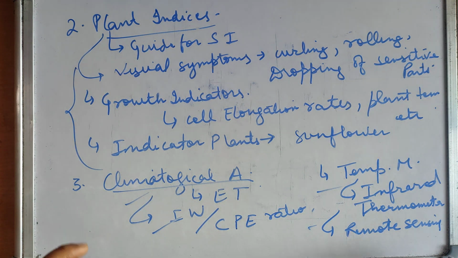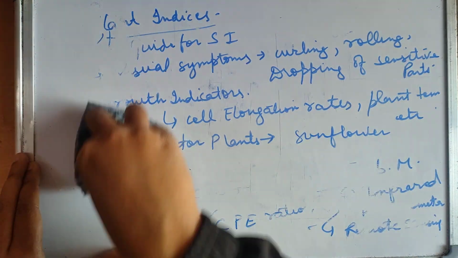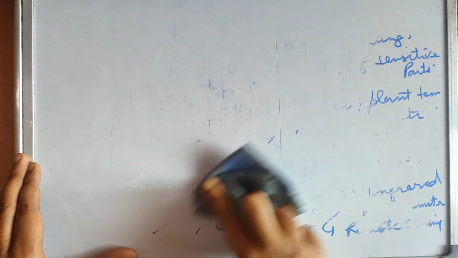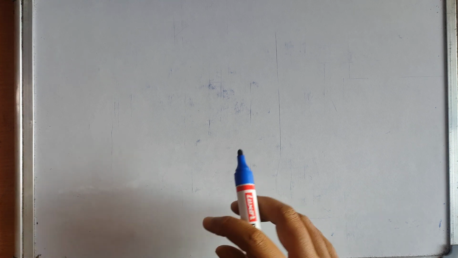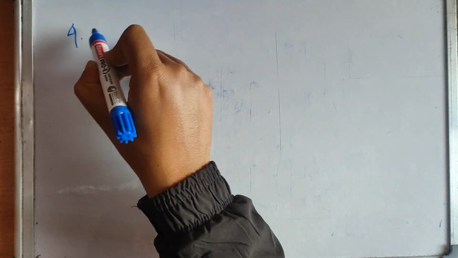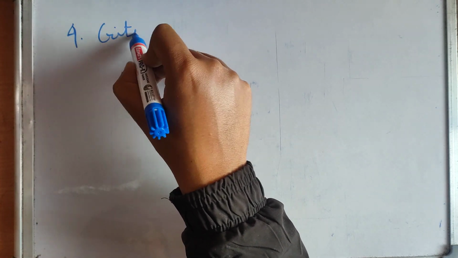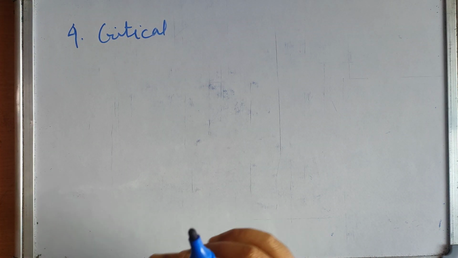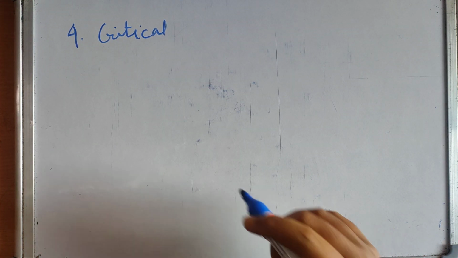The next one is the critical stage approach, the fourth one. This is very important, as all four criteria for irrigation scheduling should be remembered by everyone.